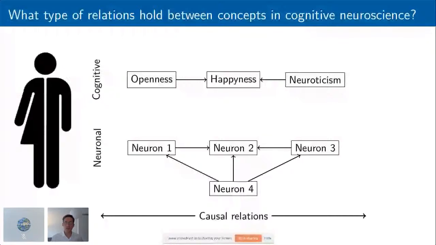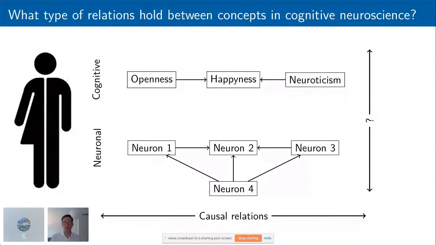And I would hope that using causal relations to model relations within one conceptual framework is reasonably uncontroversial. But now, what about the relation between these different levels? If we want to link them, what sort of relations could hold between the neuronal and the cognitive level? First you might ask, well, why not causal as well?